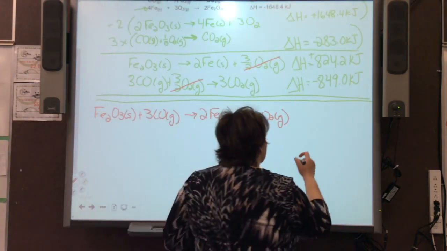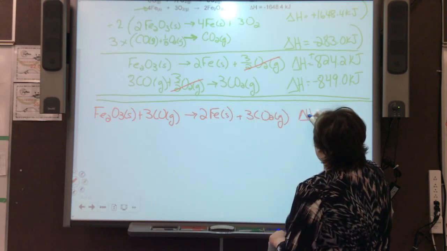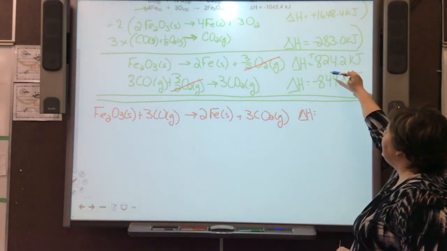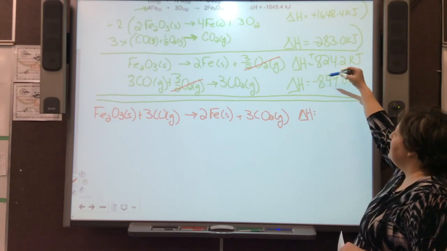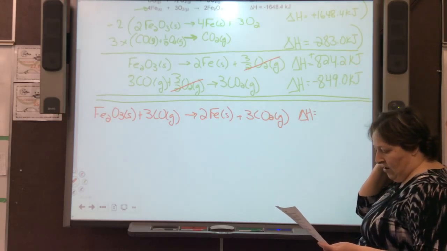What's our delta H? Add these two together, 824.2 plus negative 849.0.